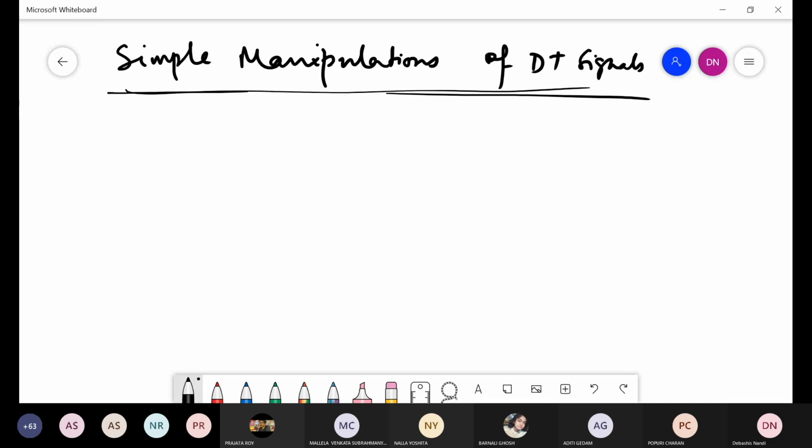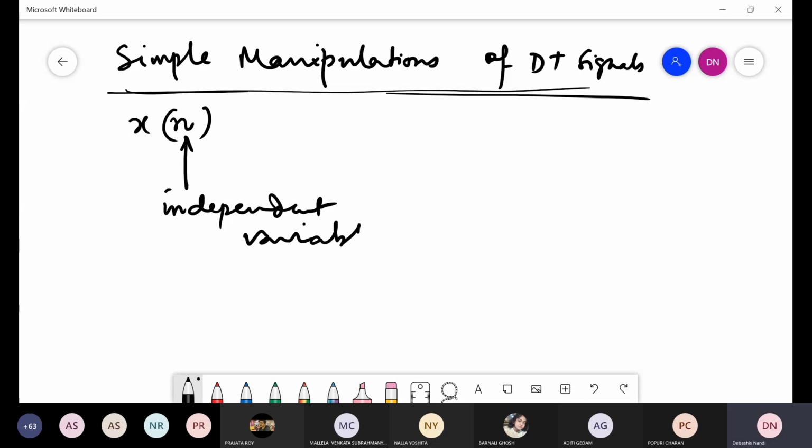Here, if you want to manipulate a signal on the time variable n, suppose the signal is x[n], then n is the independent variable and x[n] is the dependent variable. Therefore, the manipulations can be done either on n or on x[n].